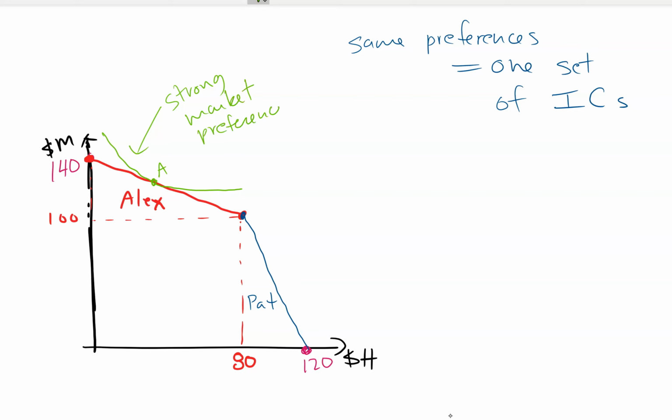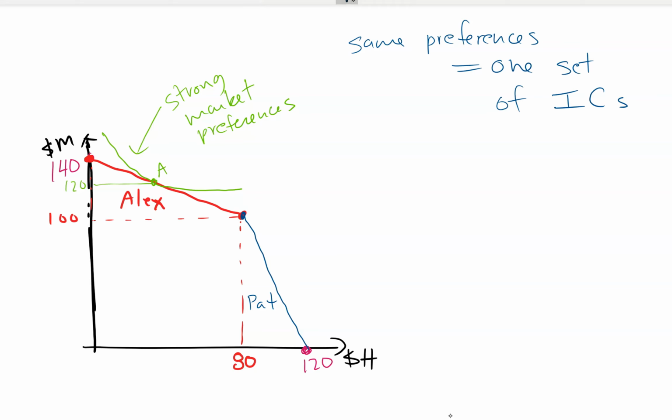They're going to choose way over here, getting mostly market goods, maybe like 120, 125. I don't know, it doesn't matter the exact number. And not much home goods. So they're both working a lot, both making money, and they're not spending much time in their house.